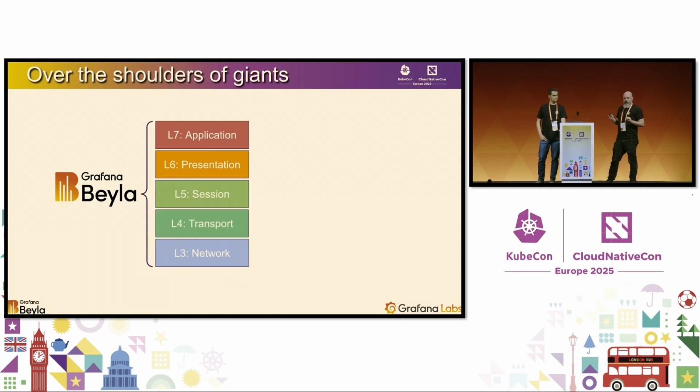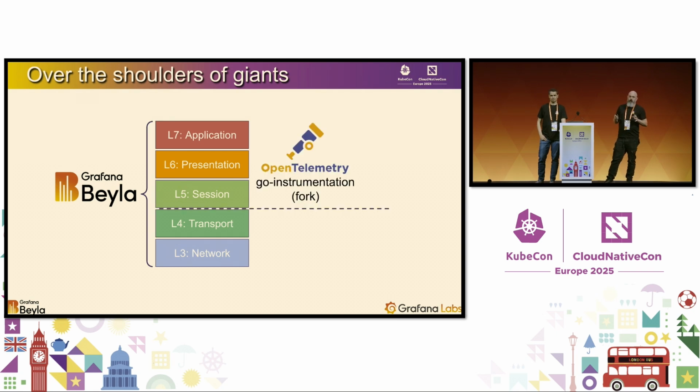This is very important, but thanks to the shoulders of giants, that's how we built Beyla. Initially, Beyla was a fork of OpenTelemetry Go instrumentation that was covering the application layer. With time, we added more features and went beyond Go, and now we are able to do application monitoring for any kind of programming language.